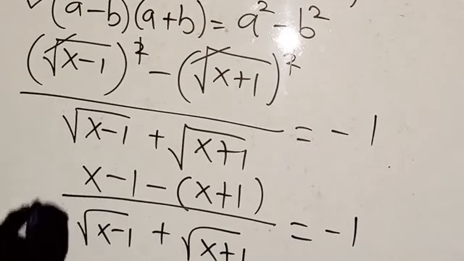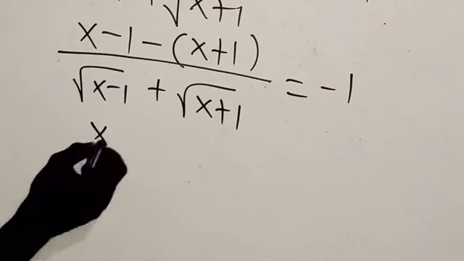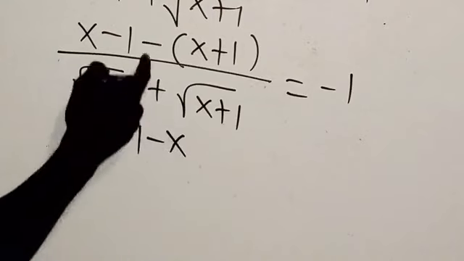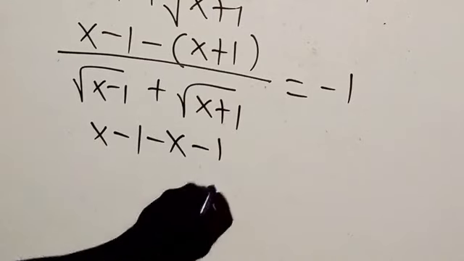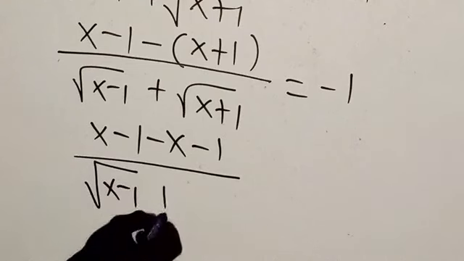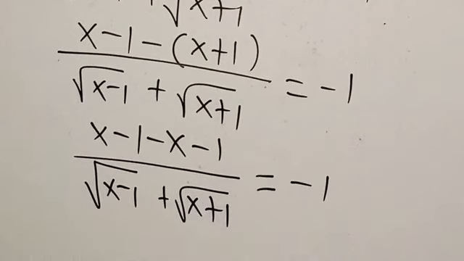Are you getting it now? So we try to expand this. We're going to have x minus 1, then minus times x, we have minus x, minus times 1, we have minus 1, all over root x minus 1 plus root x plus 1 equals minus 1.